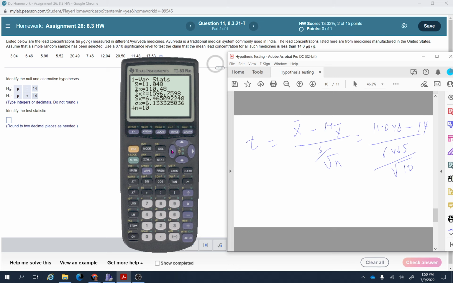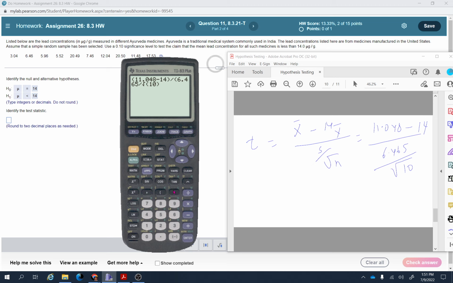So by using this we can calculate the t-value. Let me clear this and type the values here: 11.048 minus 40, divided by parenthesis 6.465 divided by the square root of 10.